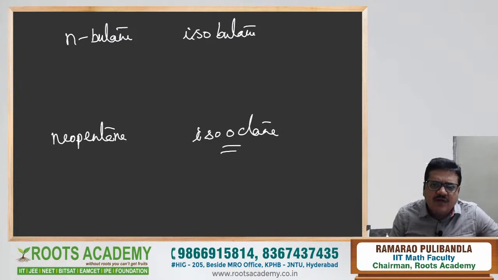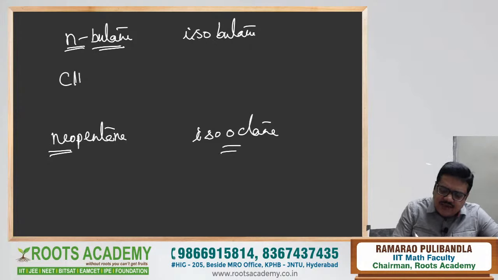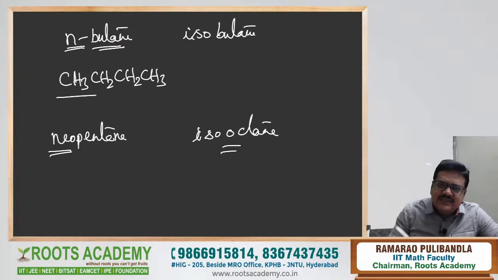What is the meaning of iso? What is the meaning of n? What do you mean by neo? Listen properly. First n-butane: the condensed formula is CH3CH2CH2CH3.